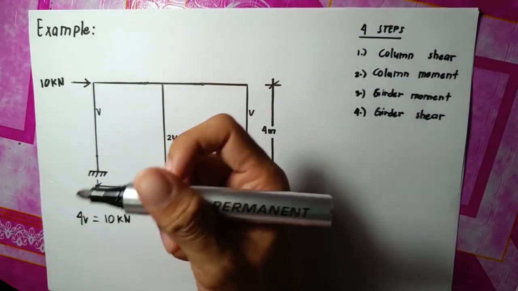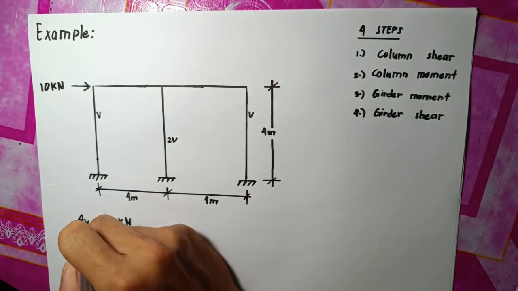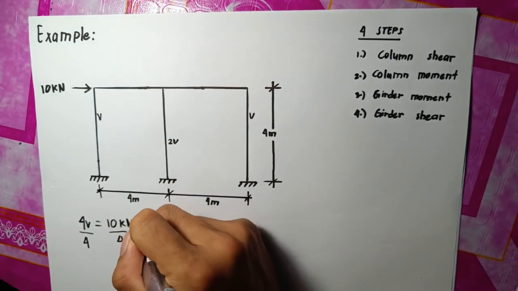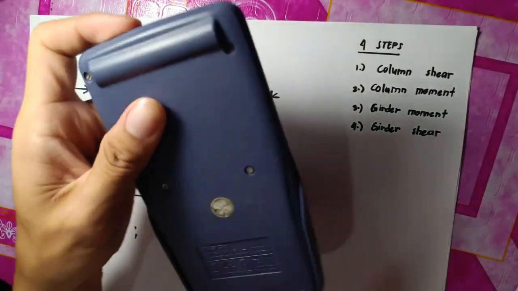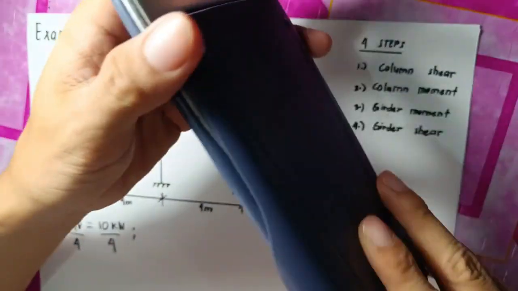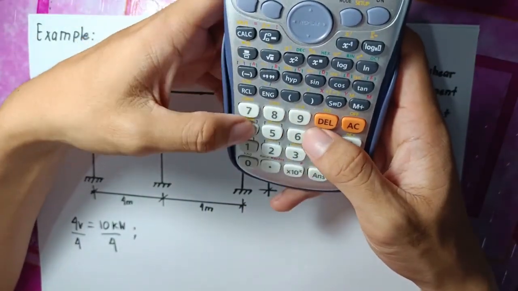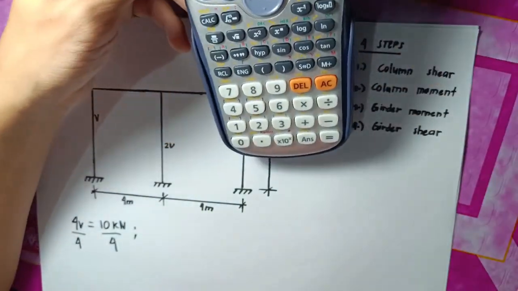And we divide it by 4. So therefore, our shear is 2.5.